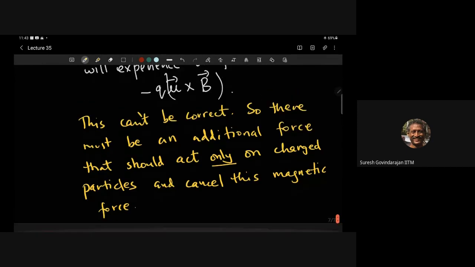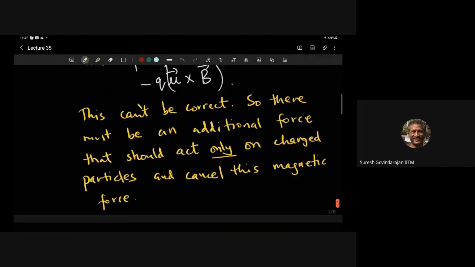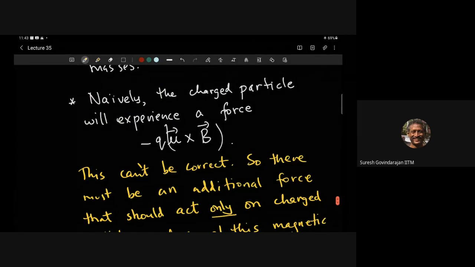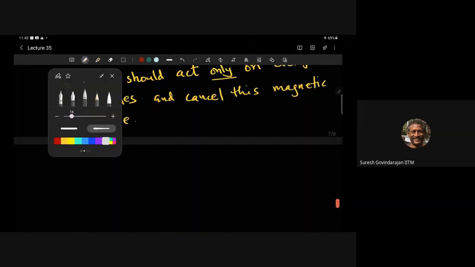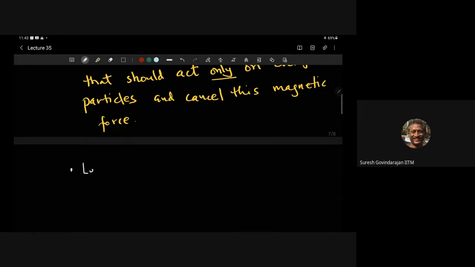Okay. So now we will be slightly more sophisticated than just saying that. So to do this, let us focus on the electromagnetic fields.